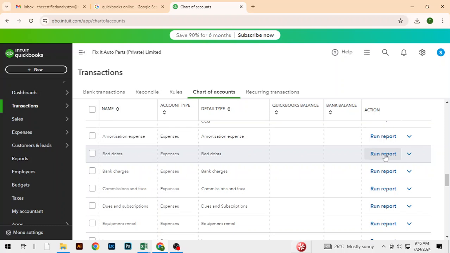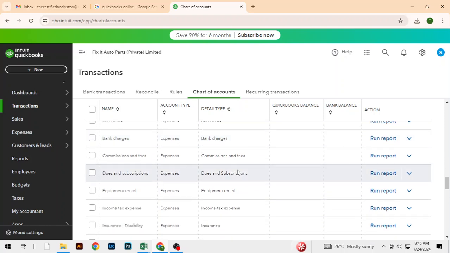And then bad debts, those are an expense because they reduce your revenue. And then we've got bank charges. If you're using the bank in Zimbabwe, obviously they charge you bank charges and they are an expense to the business. Commissions and fees. Let's say you've got some sales reps that bring you business, and obviously you pay them a certain fee as commission, then you have to use this account.